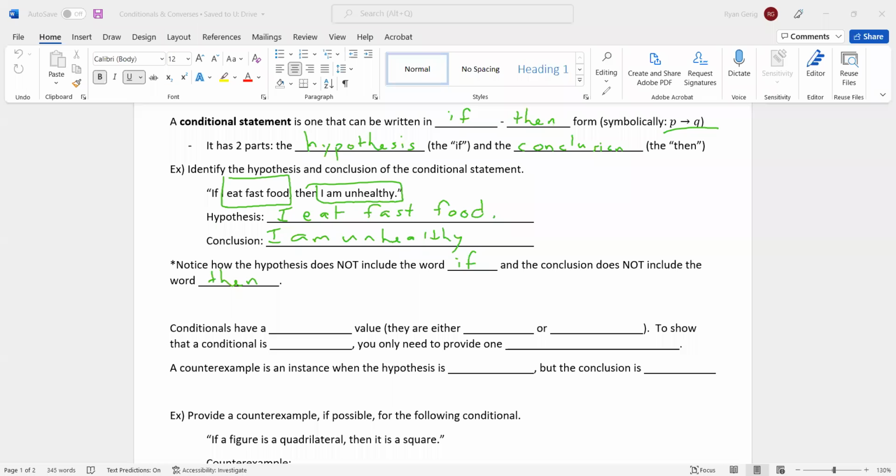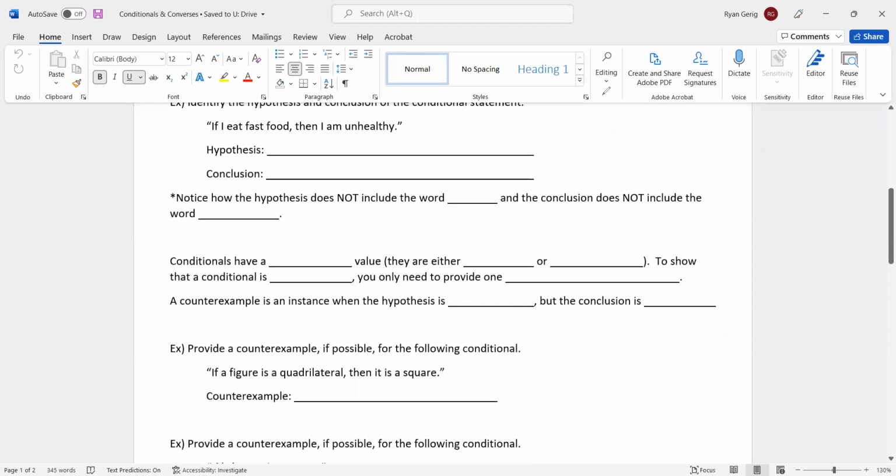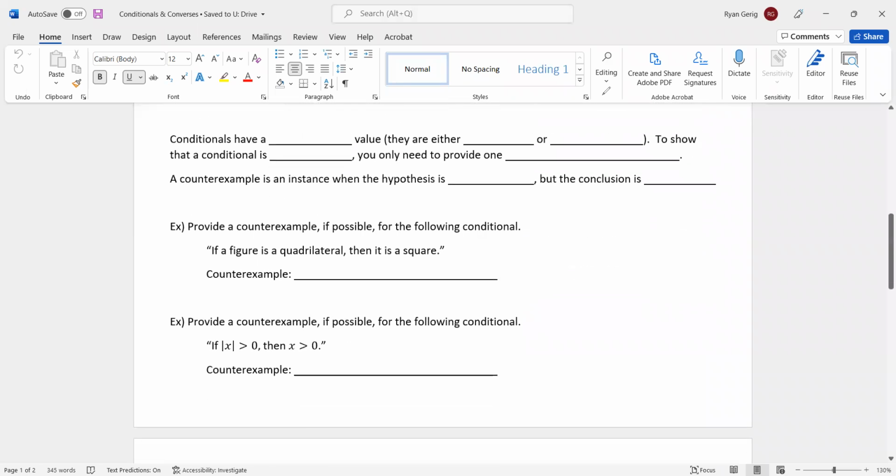Now, a lot of you might have, as I first said that first statement, said, oh, that's not true, or yes, that's true. You're talking about the truth value, and that's what we're talking about next. Conditionals do have a truth value. They are either true or false. To show that a conditional is false, you only need to provide one counterexample.